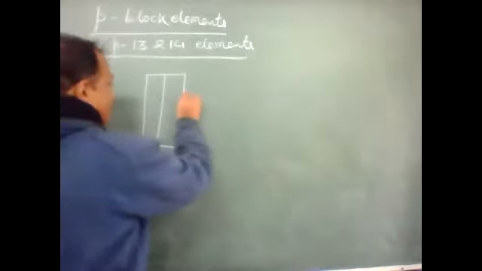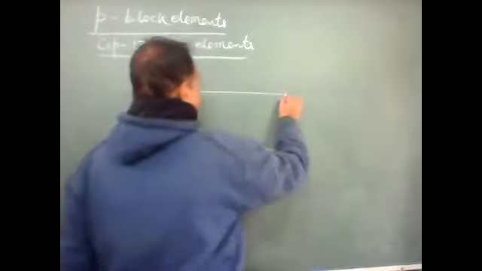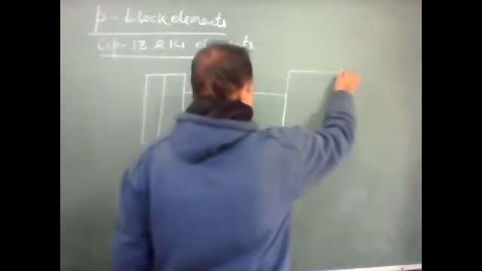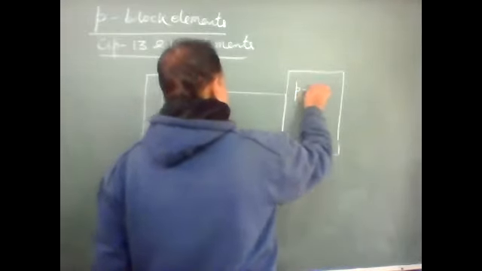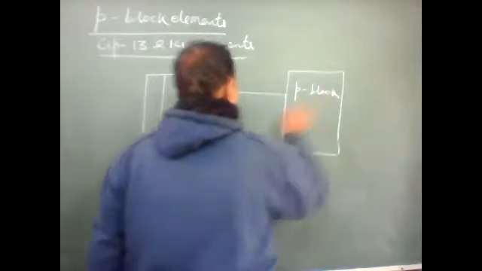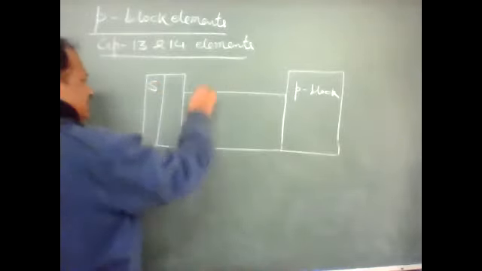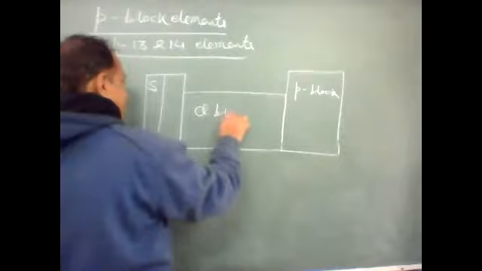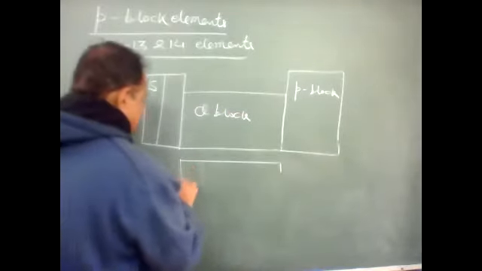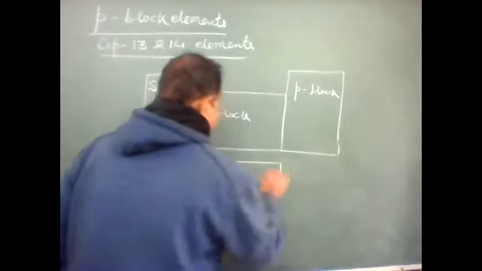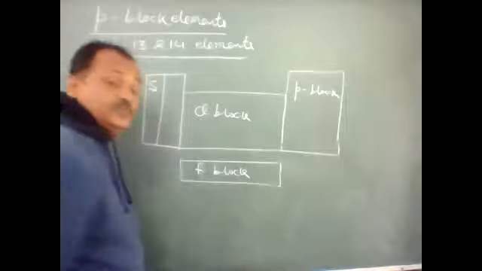S block. Here there is a D block. Here there is a P block. So this is P block. This is S, this is D block, and here comes the F block.